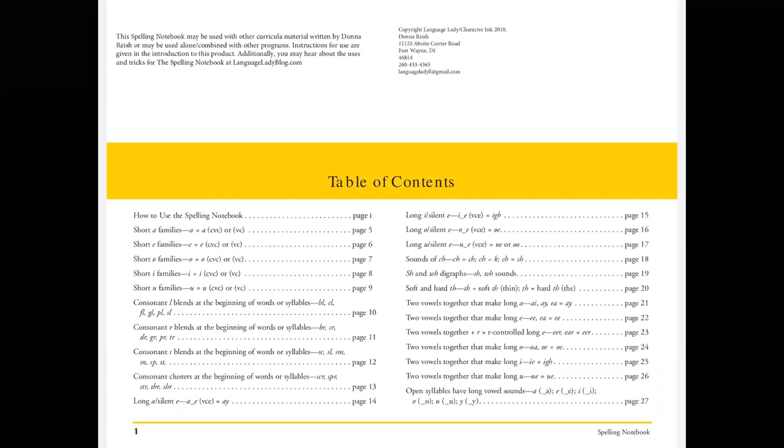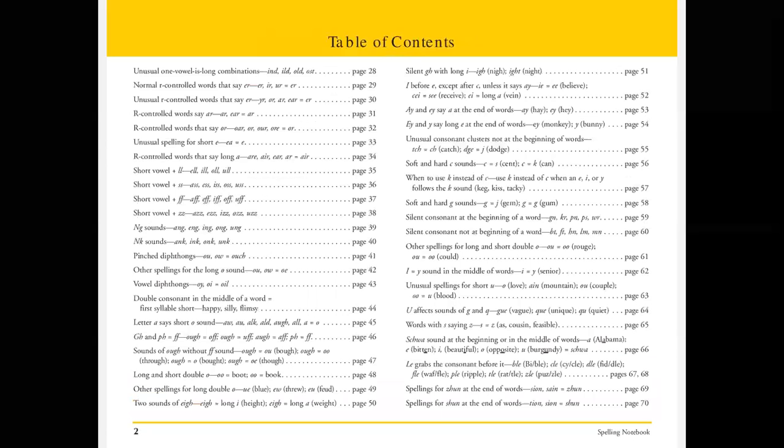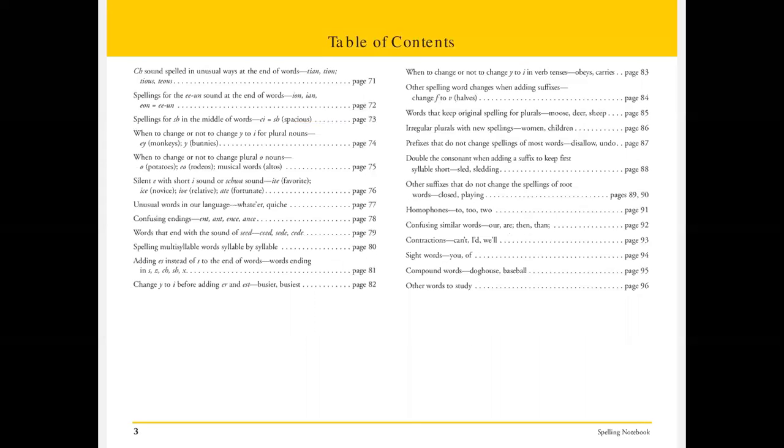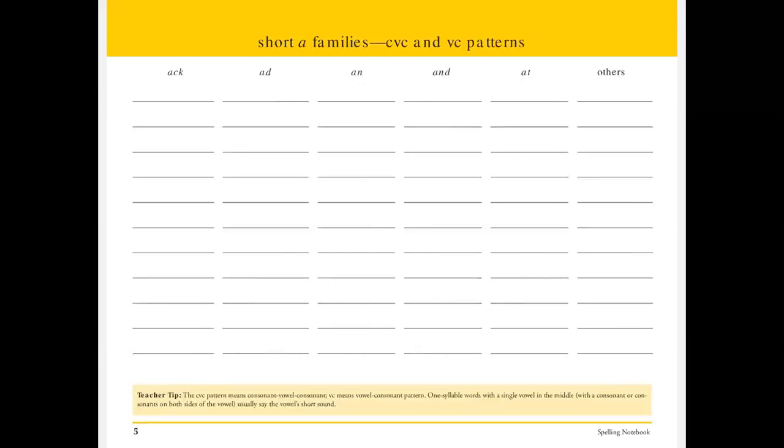When you print off your spelling notebook, maybe print off an extra table of contents and put it someplace for you in a clear plastic sleeve, just to see the families and the sounds that are put together, like all of the different GHs and PHs, they're together because they are all spelled the same, or they all make the same sound, or whatever. This is just a super big picture overview of all spelling sounds and reading phonics sounds that they will come across.